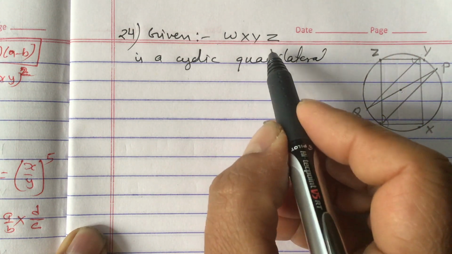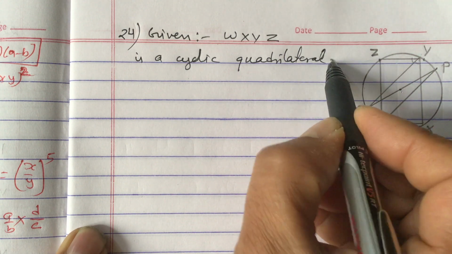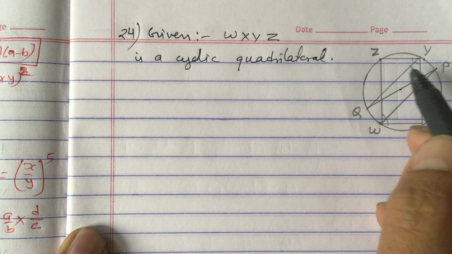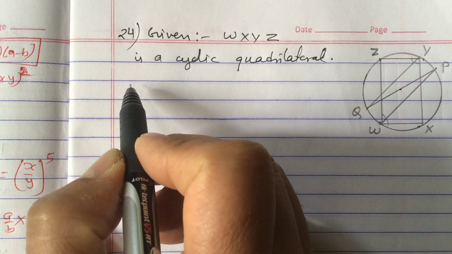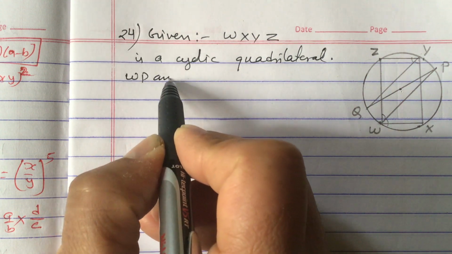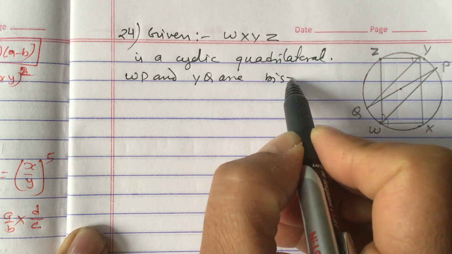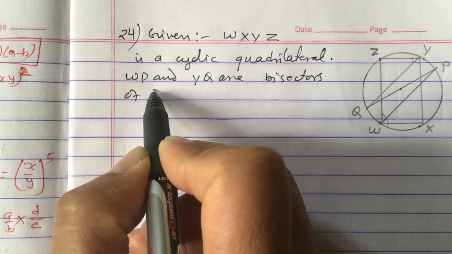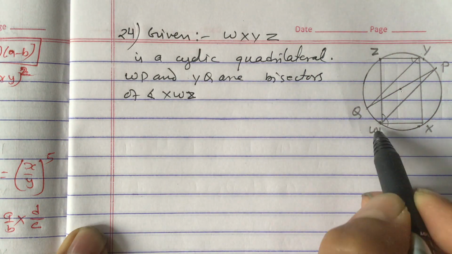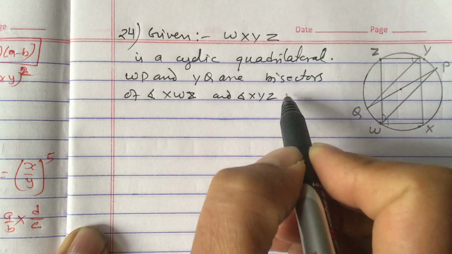And WP and YQ are bisectors of angle XWZ and angle XYZ respectively.